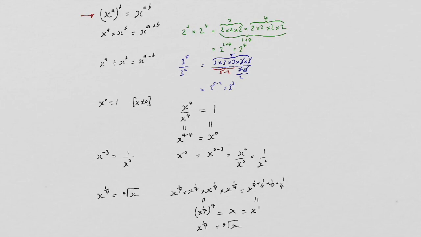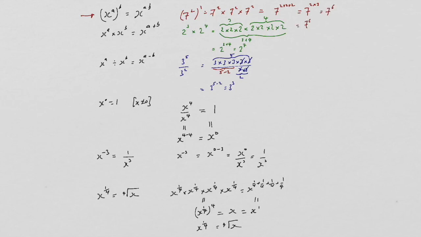So say we had 7 squared cubed, that would be 7 squared times 7 squared times 7 squared, and from the rule just below, that means we have 7 to the power of 2 plus 2 plus 2, but of course the 2 plus 2 plus 2 happens because we have 3 lots of 2, and so that establishes that rule. So that would be 7 to the power of 6.